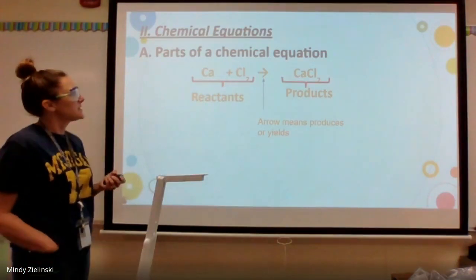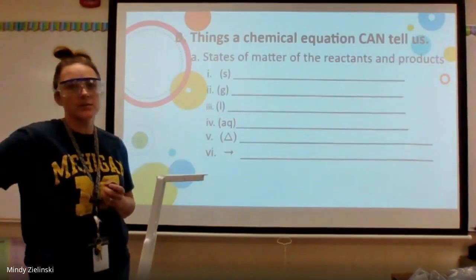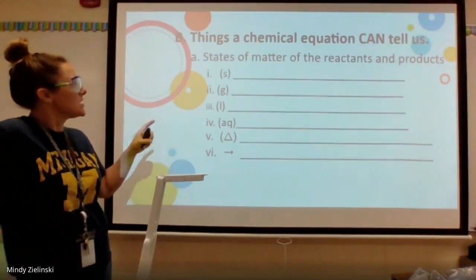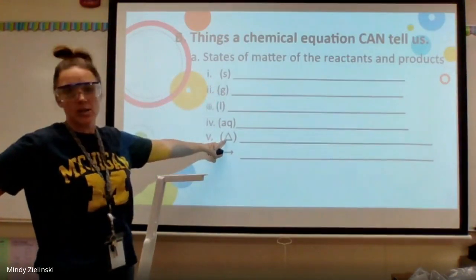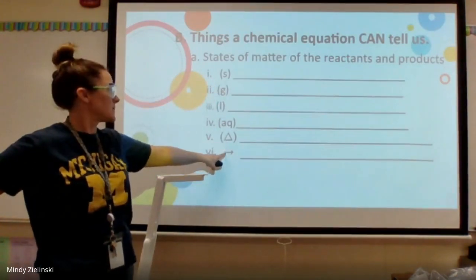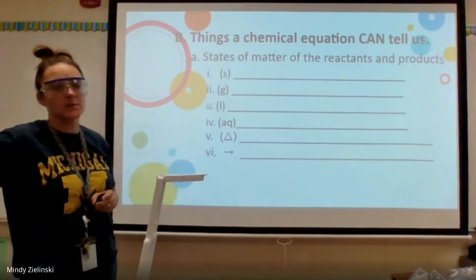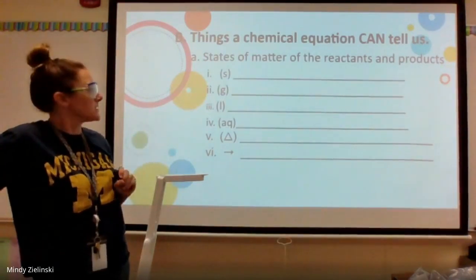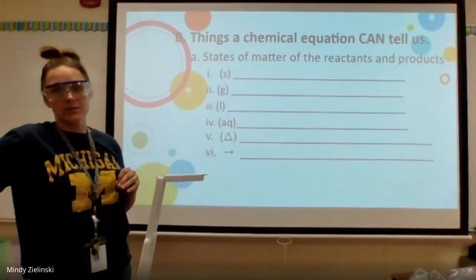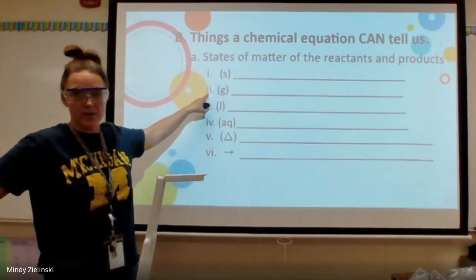So some pieces of an equation that we need to be familiar with whenever we see these in a balanced equation are, and they're all going to be written as subscripts minus this triangle, which will be put in a different spot, and then obviously the arrow we just talked about. But all of these will be written as tiny little subscripts off to the side. Normally, when we see a chemical formula, we'll see it to the bottom and to the right of that chemical formula to tell us a little bit more about those substances.